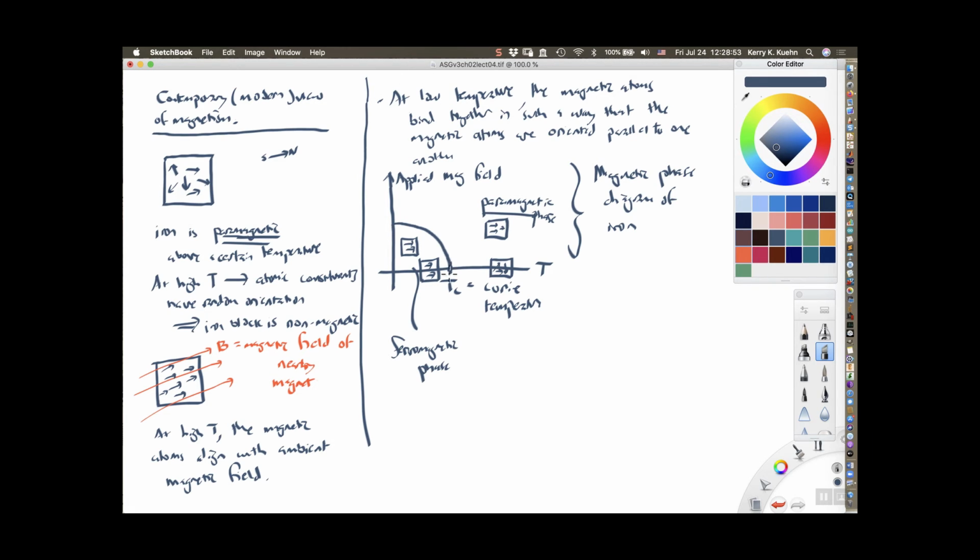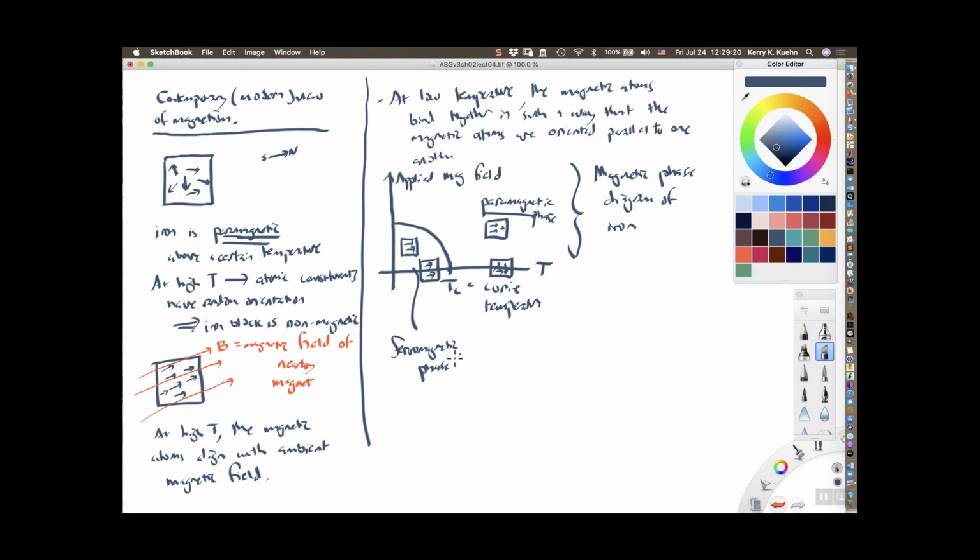That happens below this temperature. So at 0 applied magnetic field, as you lower the temperature, whereas they're randomly oriented here, once you get below this critical temperature called the Curie temperature, all of those magnetic atoms will co-align in the same direction, and this will become the ferromagnetic phase, and the magnetism will be locked in, so to speak.